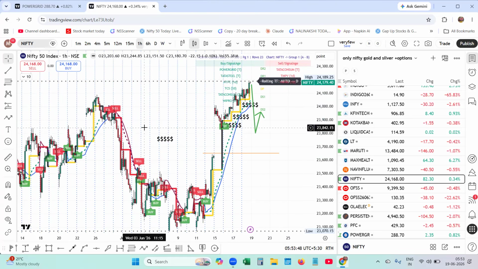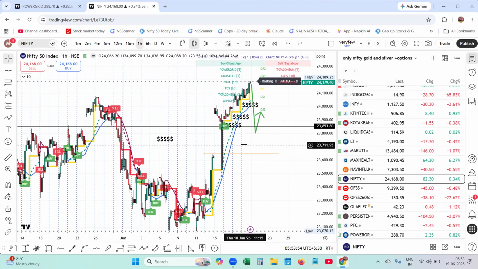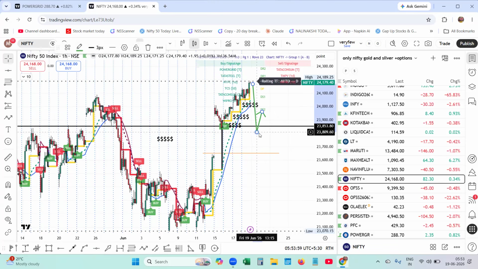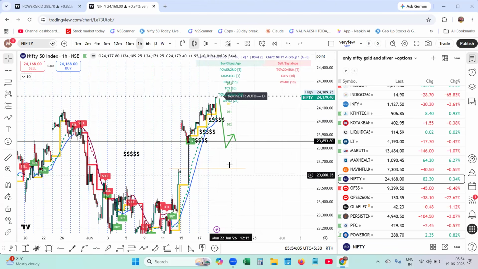And if you go there, the level is here. If you go to the sideways, this is the breakout level from this area. So it may come and retest a little bit. It can dip down and it may start going sideways, and a short covering rally can come in the market.